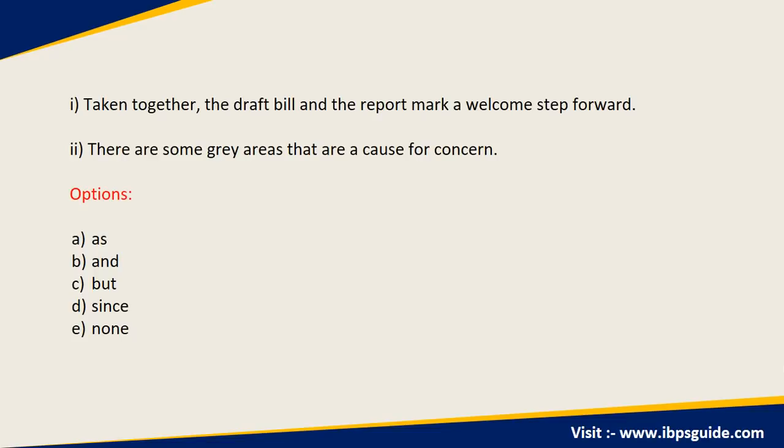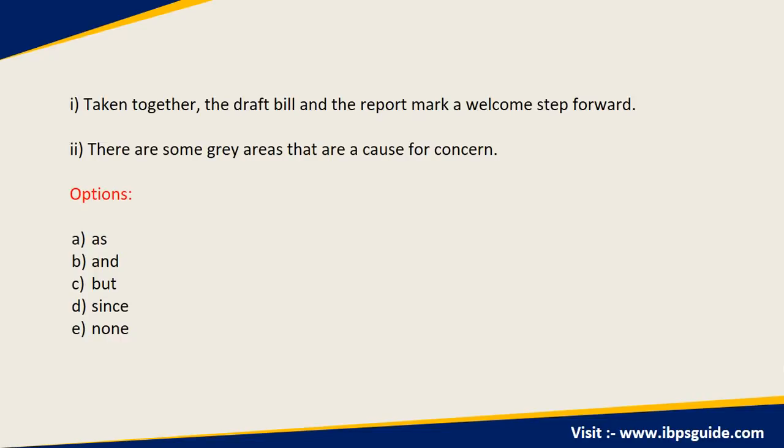Option D is since. Now, since has two different usages. You can say since when you're talking about time period to say that you have been doing it from that time. Since can also be used to denote cause. You can say that this happened since this happened.